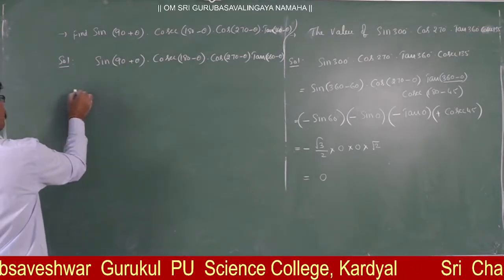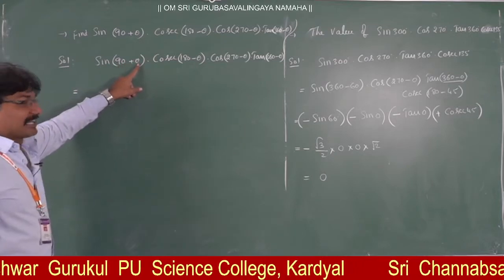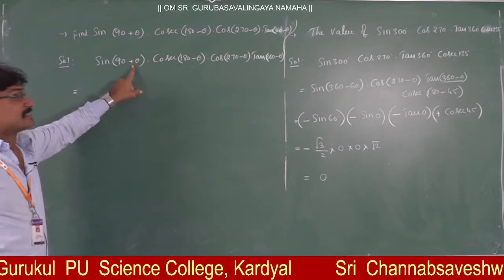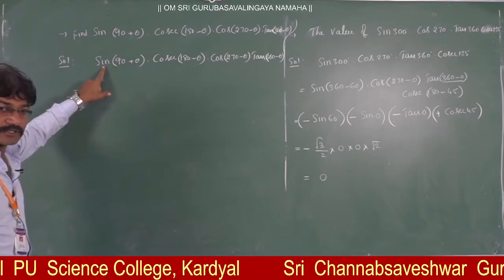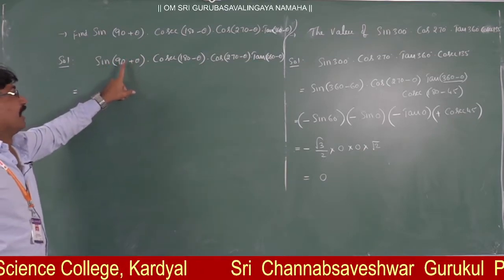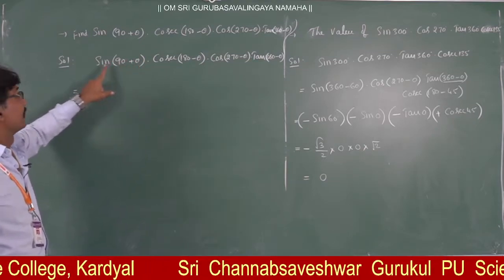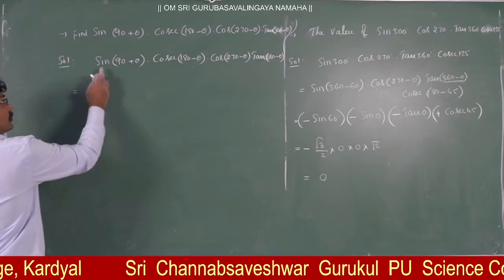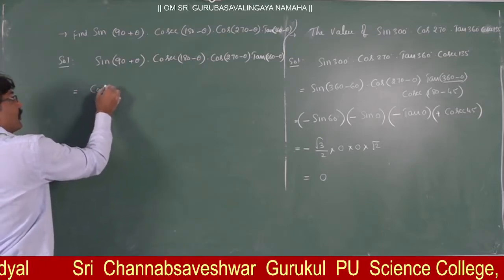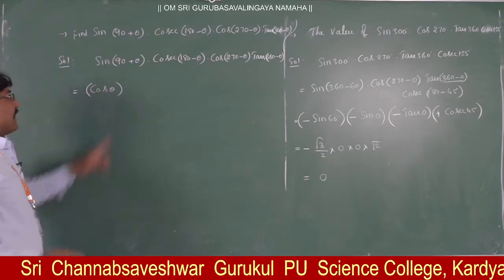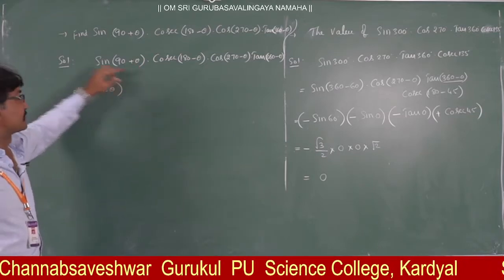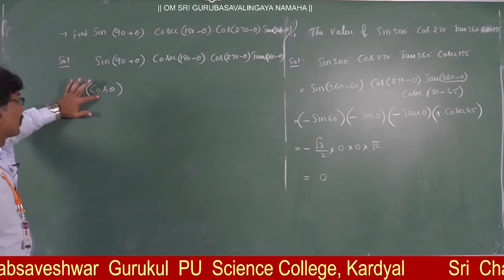One by one. 90 plus theta, second quadrant. Second quadrant, sign positive. 90 plus or 90 minus, sign will be changed to cos theta.